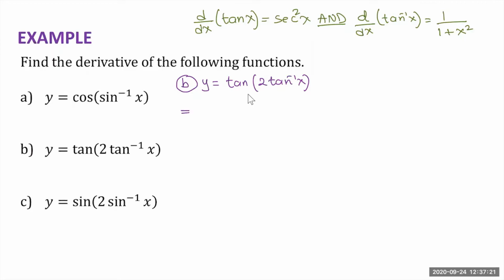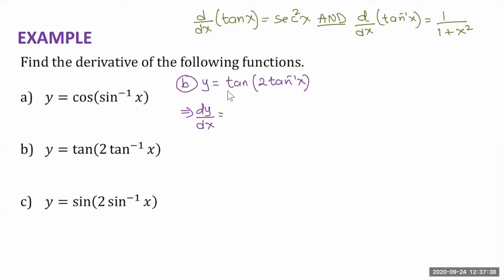So we write like this, dy over dx, the derivative is equal to, if you look at this function carefully, you can see that this is a composite function. The outside function is tangent and the inside function is 2 tangent inverse x.